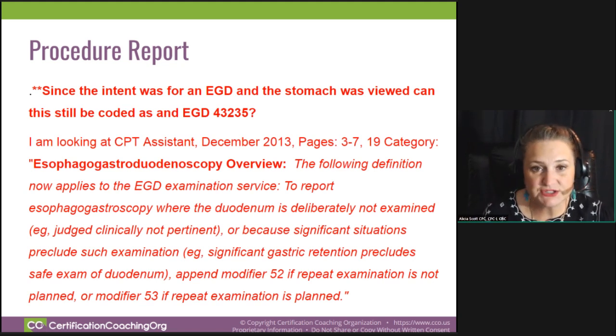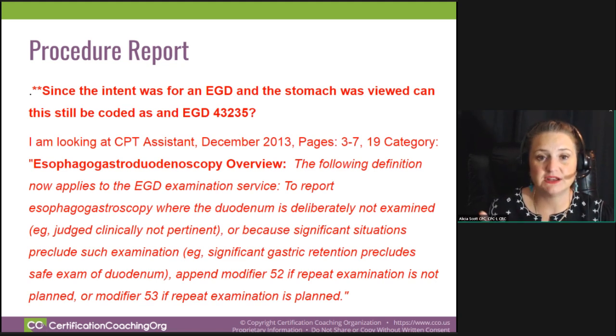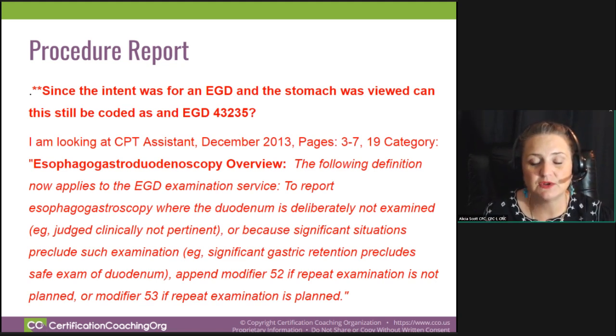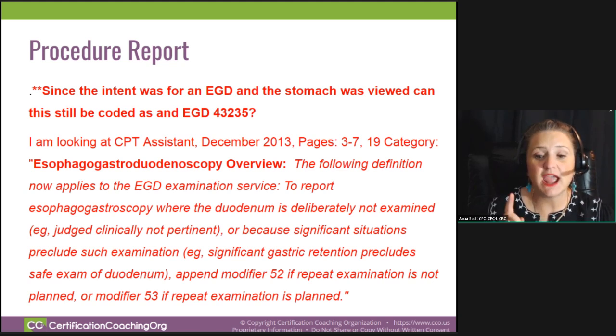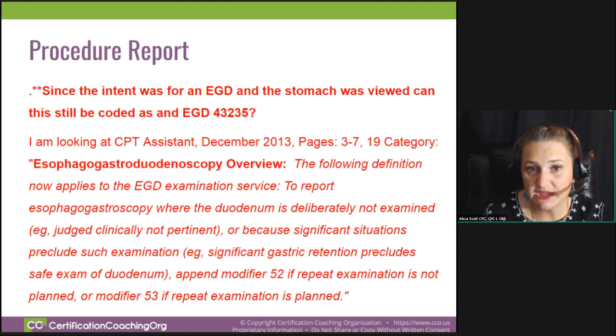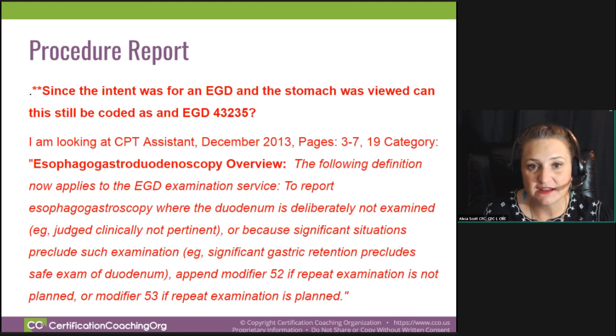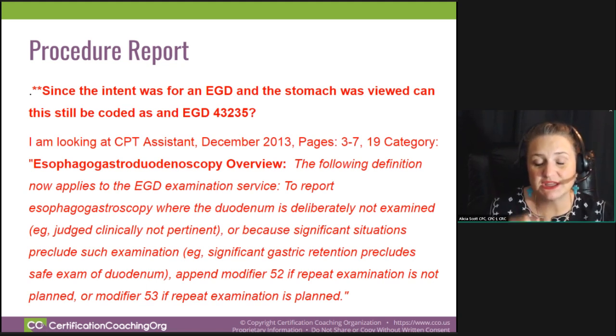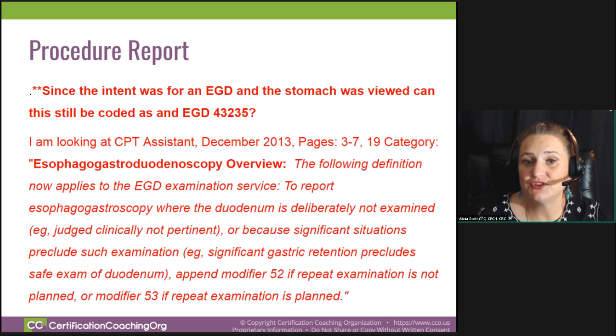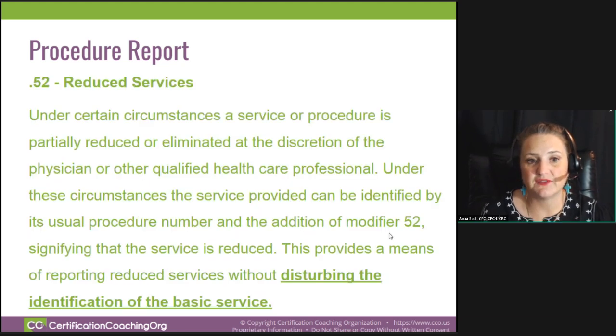And if they're not going to do it again, try to prep and not have any food in there, then you would use modifier 52. Now, if you are going to repeat the procedure, you can use modifier 53 if you plan to go in and do it again. Now, this gets a little confusing because we're going to look at the two modifiers.